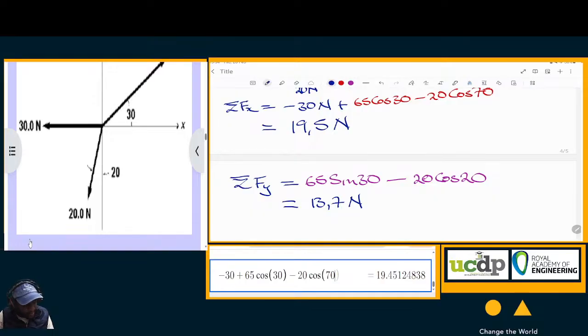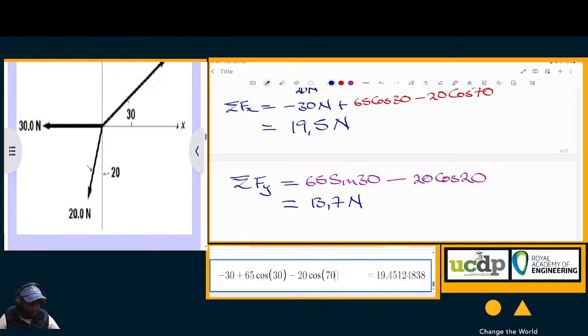Negative 30 plus 65 cos 30 minus 20 cos 70. Just checking if everything is correct.